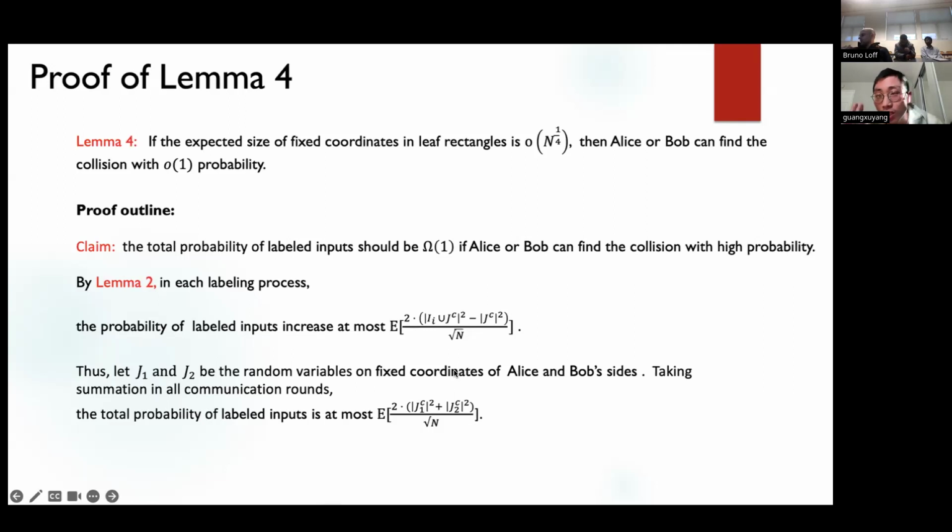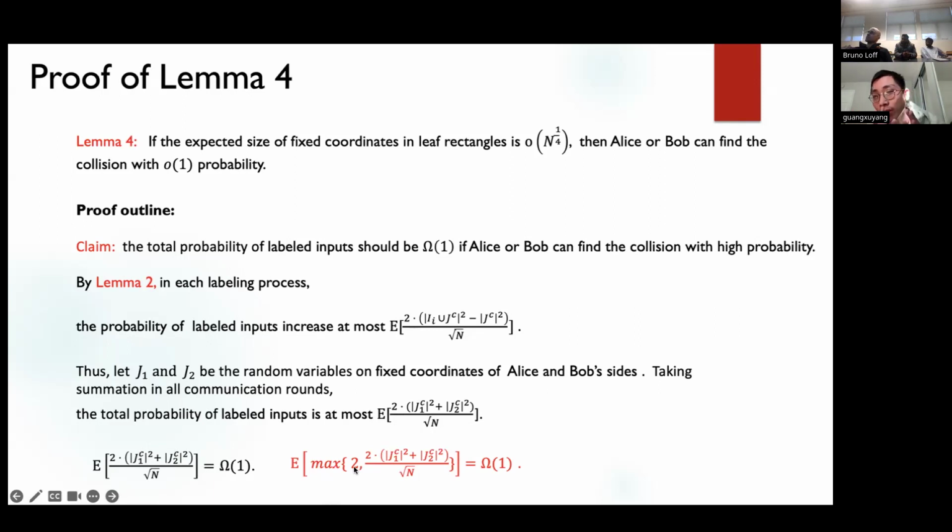So any question yet? So we have that this probability should be omega 1 based on this claim. However, this claim doesn't prove number 4, since there is a square in expectation. So we use some trick. This is the probability, so it is upper bounded by 2.